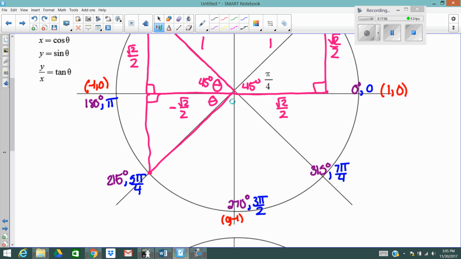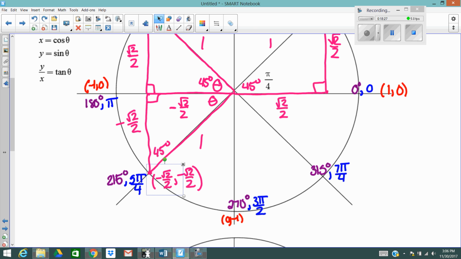So I have my radius of 1, so that means opposite the 45 is square root of 2 over 2. So the coordinates, negative because I went down, are negative square root of 2 over 2 and negative square root of 2 over 2. X is cosine, so adjacent over hypotenuse. Y is sine, opposite over hypotenuse.